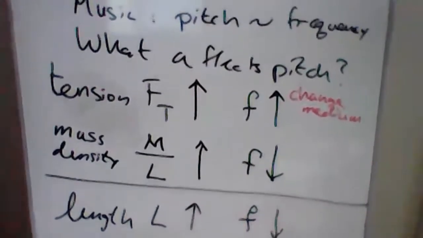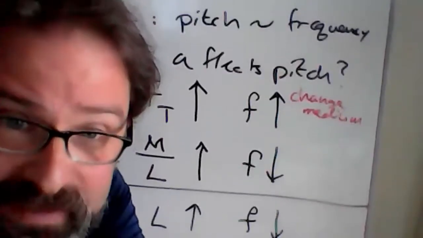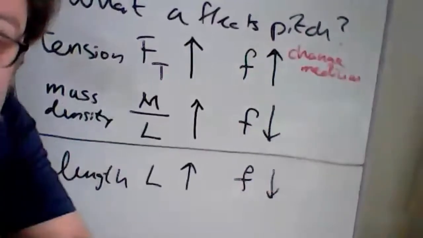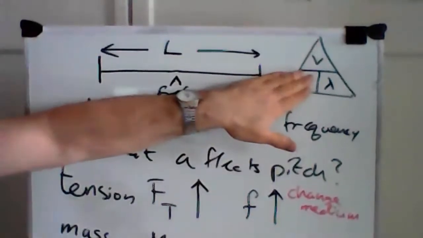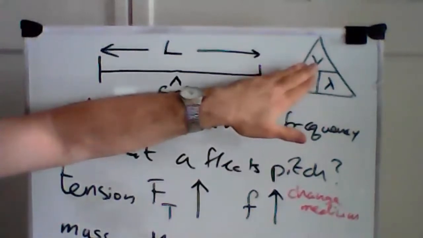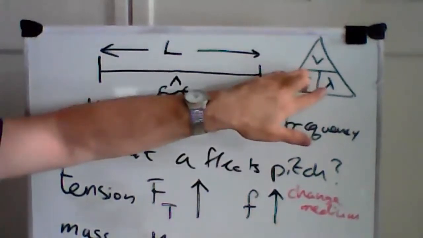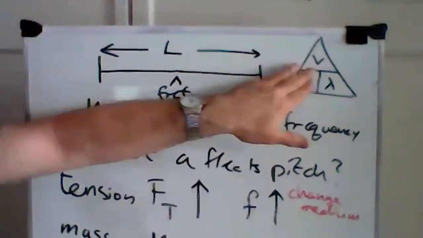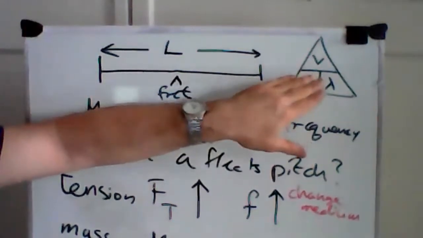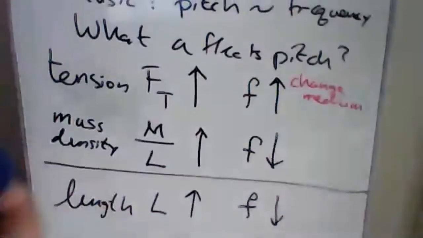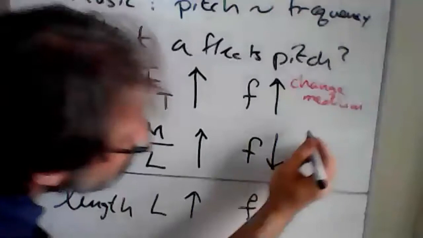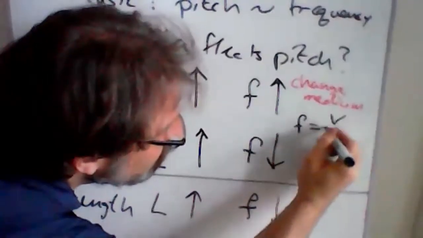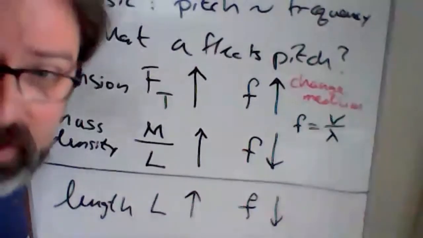Now, thinking about what that means for us, why does the frequency change? Reminder, the frequency only depends on two factors: the speed of sound in that material, and the wavelength. F is V over lambda. So when we are changing the medium, which one of those are we changing?